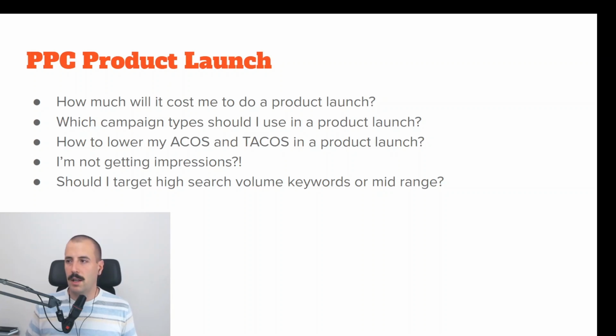If you see that you're having a bid of $2.50 and you expected to have it at 1.5, so you went to 2.5, not getting impressions, ramp it up, have a $15 bid, have a $40 bid, $50 bid, to see is it a bid issue.